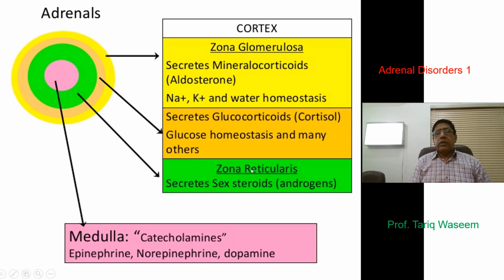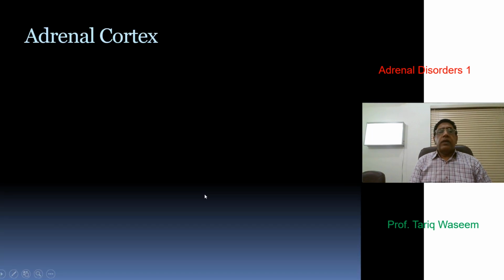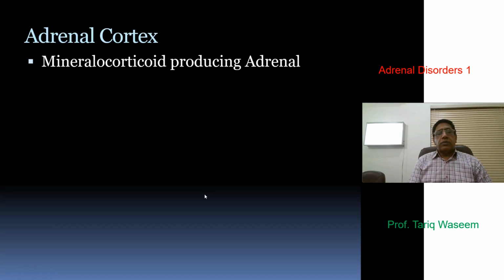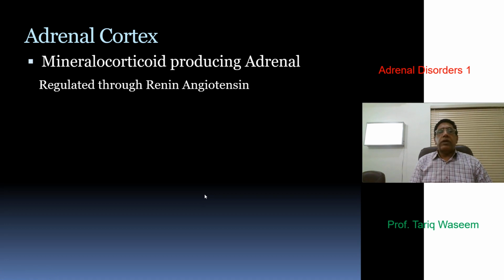The third portion is the zona reticularis, which is responsible for production of sex hormones, primarily androgens, but maybe a little amount of estrogens as well. Now, the adrenal cortex, as we have just reviewed, has a mineralocorticoid producing adrenal, which is regulated through the renin-angiotensin system.